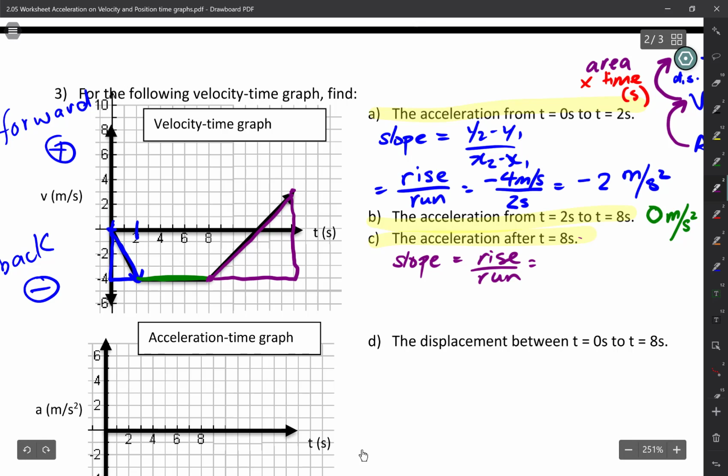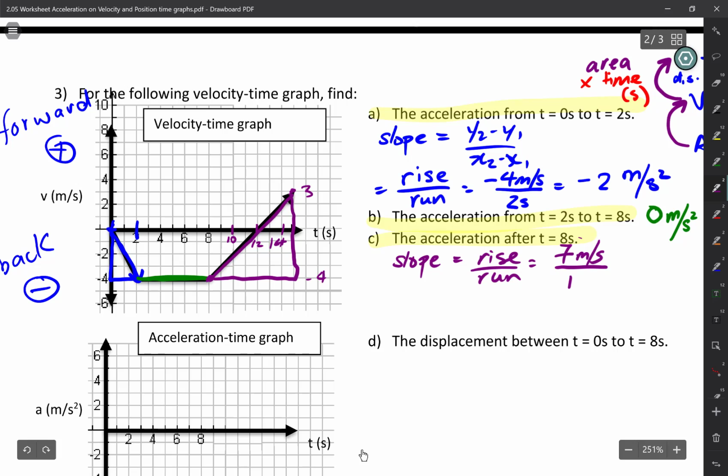How much is he rising? He's going from -4 to +3. So he rises 4 up and 3 more, a total of 7 meters per second. Divided by the run, and this is positive, don't forget, because we're going up, we're rising. The value of your velocity is increasing. His time goes from t equals 8 seconds to, that's 10, 12, 14, and one more, 15.